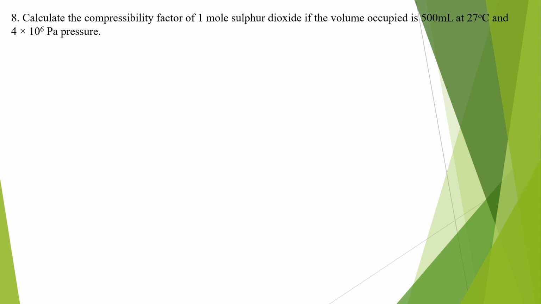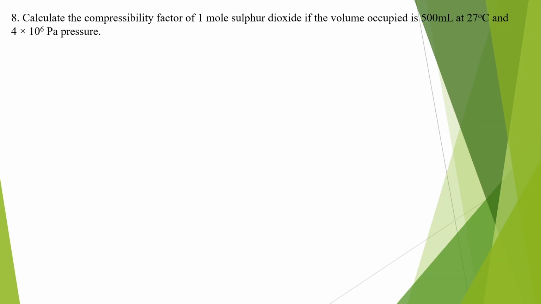It says calculate the compressibility factor Z of 1 mole sulfur dioxide if the volume occupied is 500 ml at 27 degrees Celsius and 4 times 10 to the 6 Pascal pressure. So pressure is given in SI unit. So we need to convert volume also in SI unit, or we can convert pressure into atmosphere.